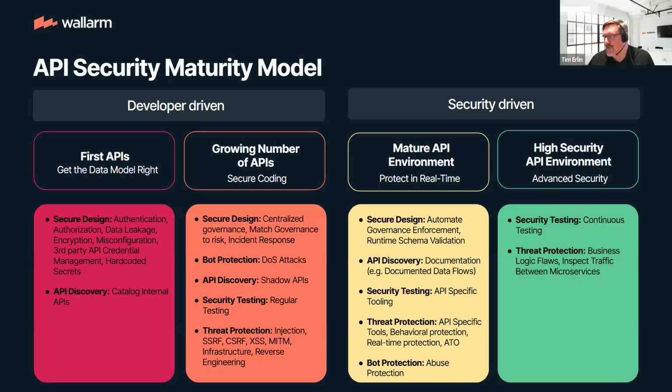And then we've got that last high security API environment, at the far end of that maturity model, where you really need to consider more complex attacks, more business logic flaws or business logic attacks, and really instrumenting your environment. At that point, if you haven't implemented a gateway strategy or API protection tools, I'd be surprised if you could get to that maturity level without having done so, of course.